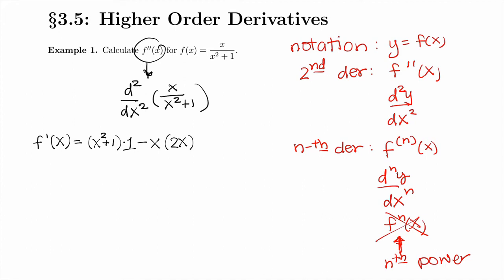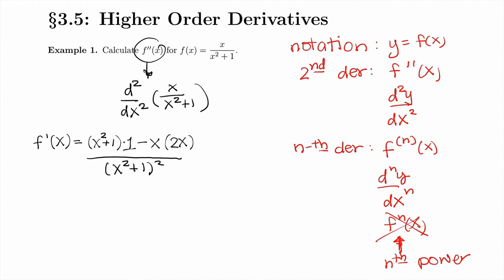So let's make sure we know why. The derivative of the bottom is the derivative of x squared, which is 2x, and then the derivative of 1 is 0. So that's why I don't have any number here. Divided by the bottom squared, which is x squared plus 1 squared.